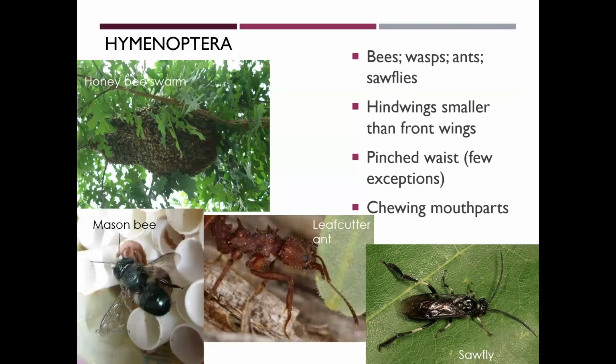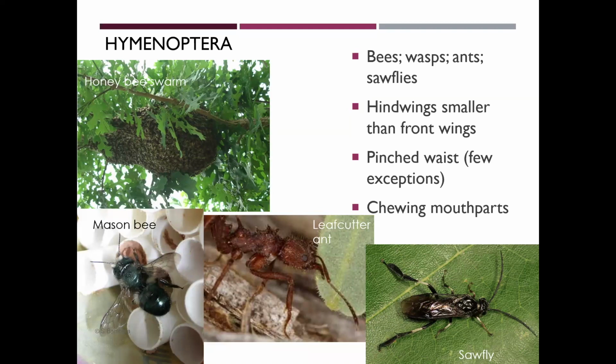The Hymenoptera, these are the bees, wasps, ants, and sawflies. And the majority of these are going to have a pinched waist, so it's going to be constricted between the thorax and the abdomen. They're going to have chewing mouth parts in both the adult and the immature stages.